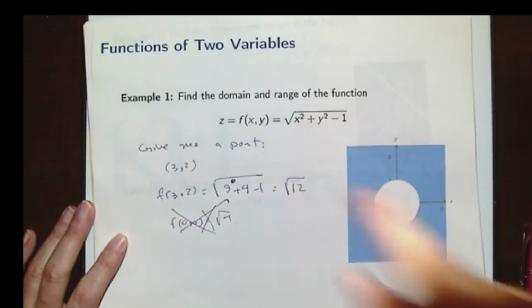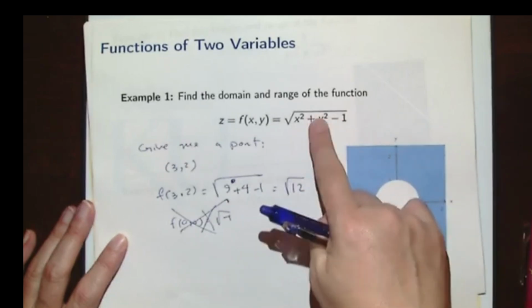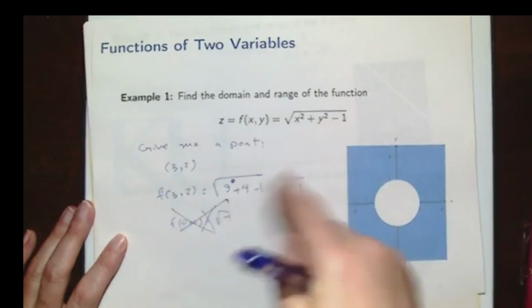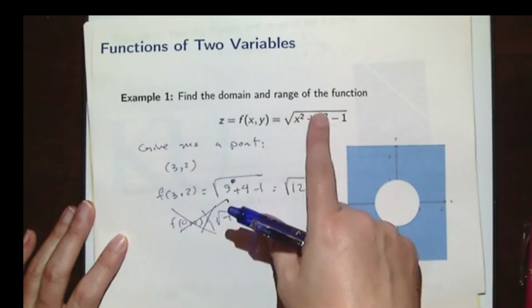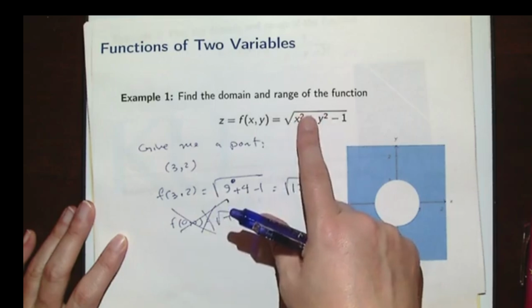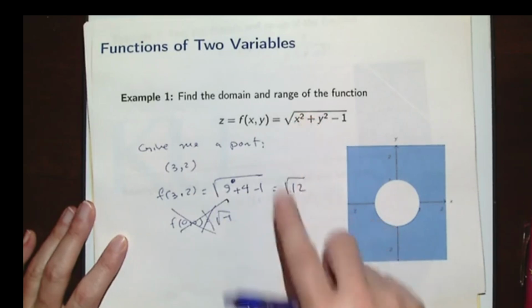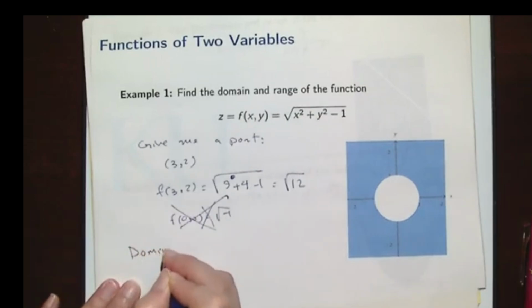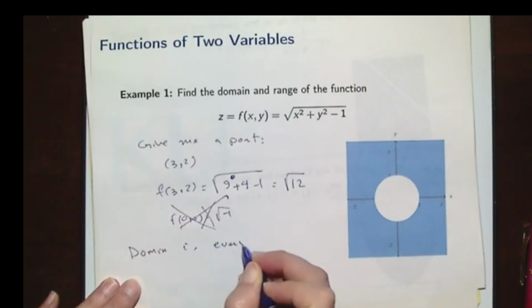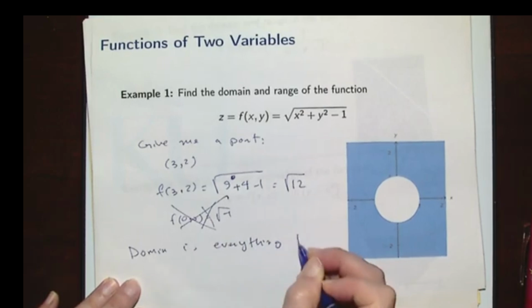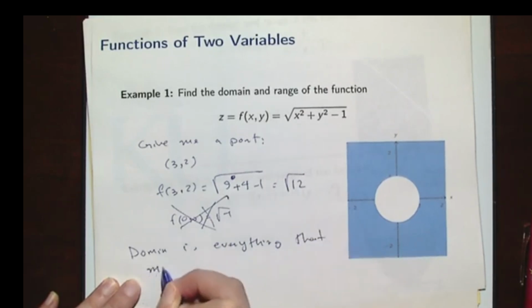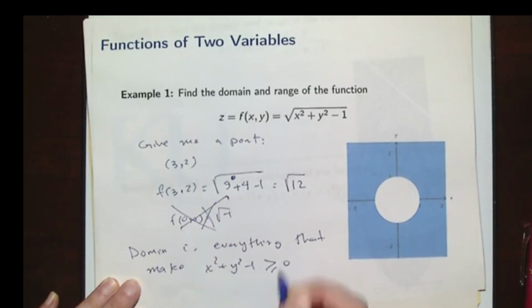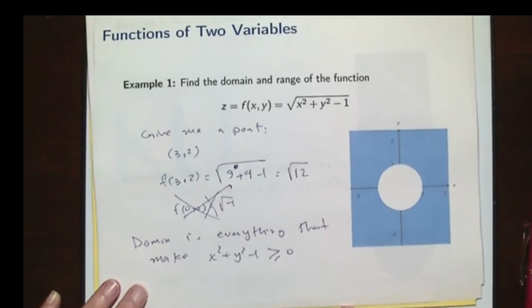Anything that makes this part negative. The opposite of that, the set that makes this part positive or equal to 0, is okay. Fair game? So the domain is everything that makes x squared plus y squared minus 1 bigger than or equal to 0.